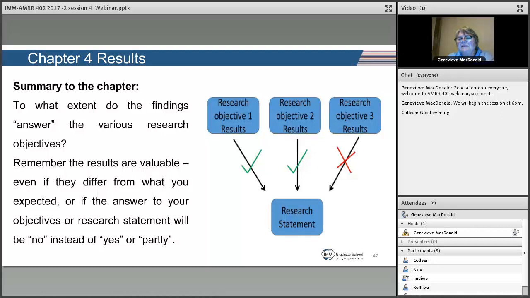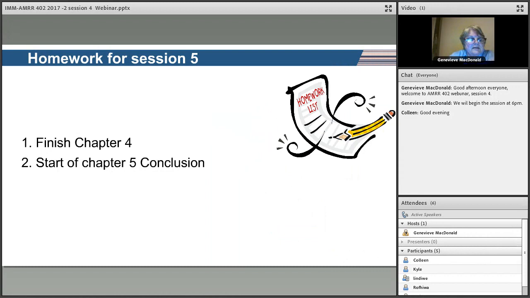It doesn't matter. You have learned something that you did not know before. Maybe you made some assumptions when you set these objectives and you anticipated some results and it turned out differently, and that is fine. You just acknowledge it and say what you have now learned from these results from the field research.